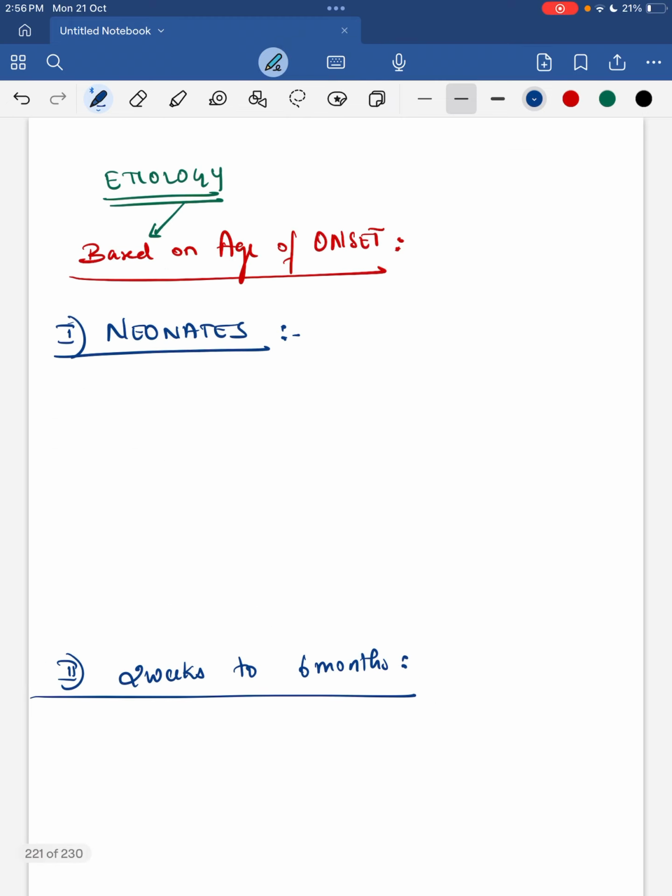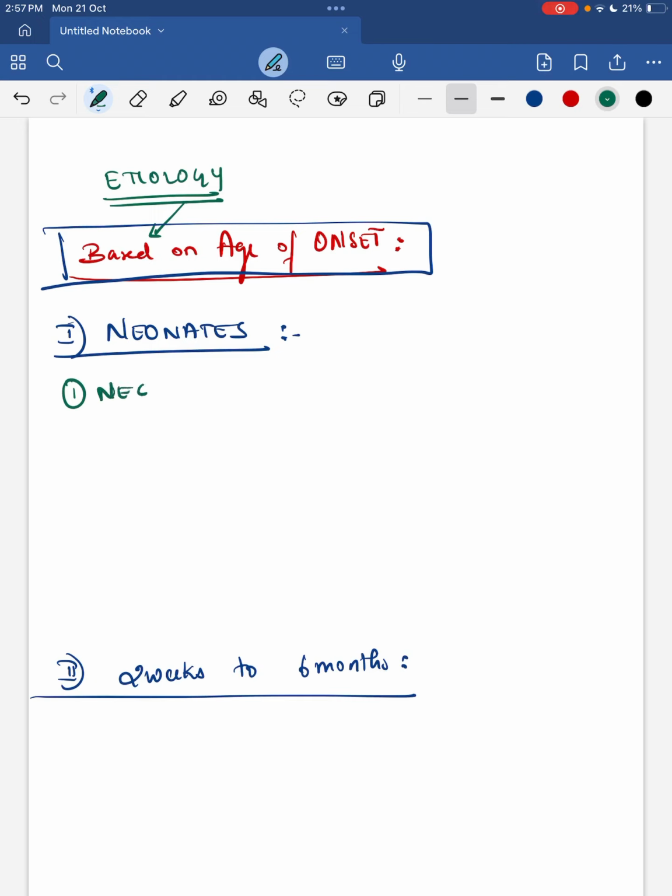The etiological classification is based on the age of onset, at what age the child starts to get the diarrhea, and what are the presumed causes. So based on age, if a neonate is having chronic diarrhea, these are some of the common causes.